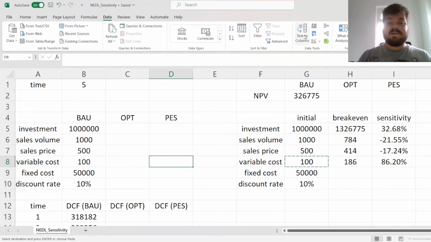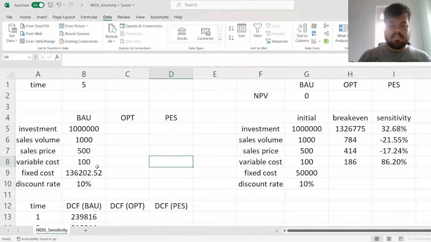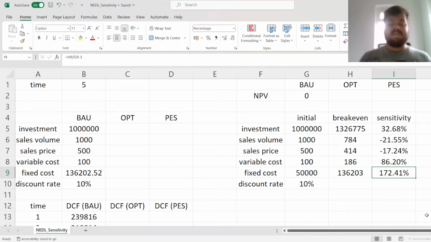For fixed costs, we run the goal seek again. And observe that the project is also very resilient to the value of fixed costs, as they can nearly triple before our project starts being value destroying for the shareholders.